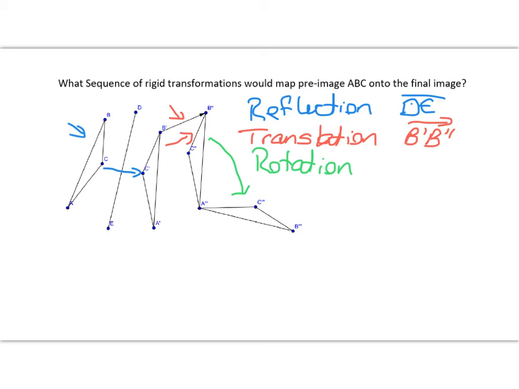And I rotated about A triple prime. Now, of course, we can find out the angle and all that, but I'm not going to worry about that at the present time. I just want to see what kind of transformations I did in order to map the original onto my final figure.